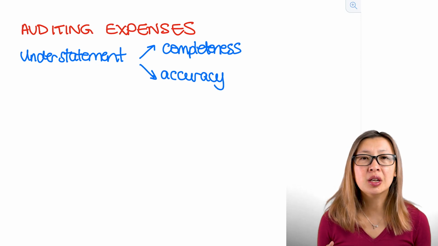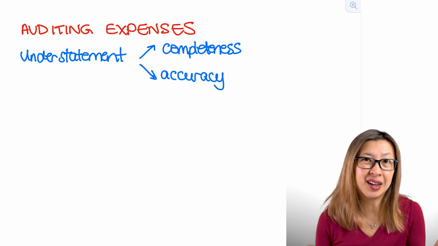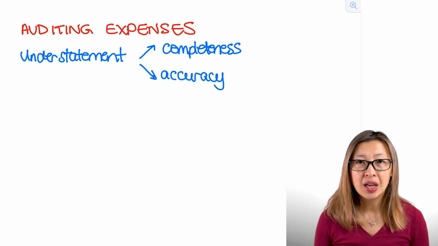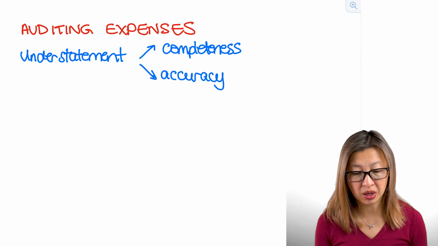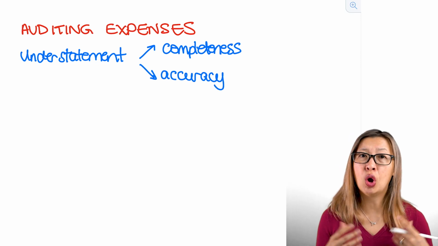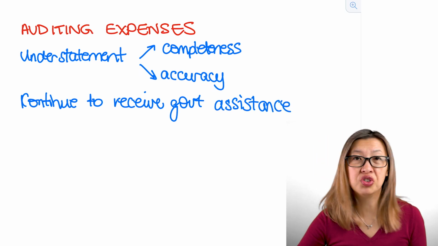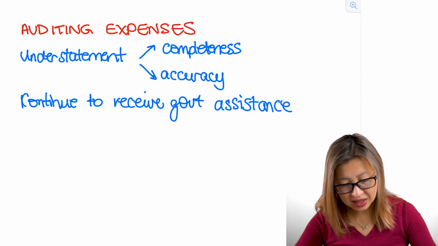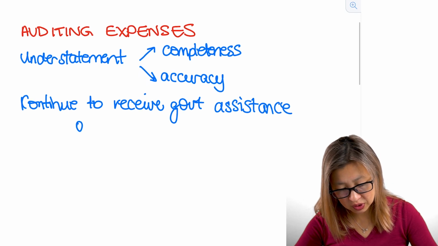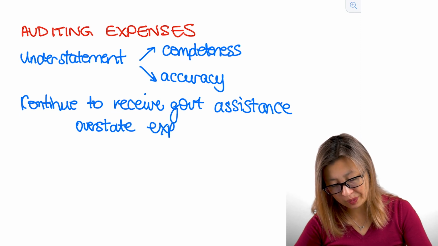Now remember, you need to think about your individual specific client, or if you're in an exam, the individual scenario. If you're a company that is doing really well during the pandemic, you might actually be trying to overstate your expenses. So if you are receiving some form of government assistance that requires you to have lower profits, then there may be some incentive to actually overstate your expenses somewhat.